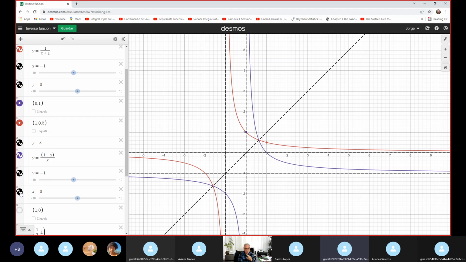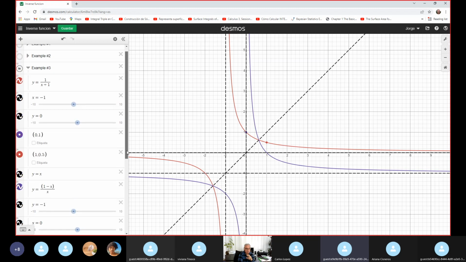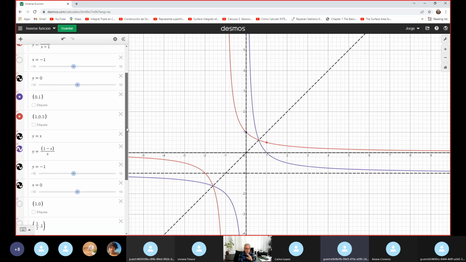Okay, so it's important that you notice the permutation in the values, no? In the original, the vertical is at -1. And in the inverse, the horizontal is at -1.